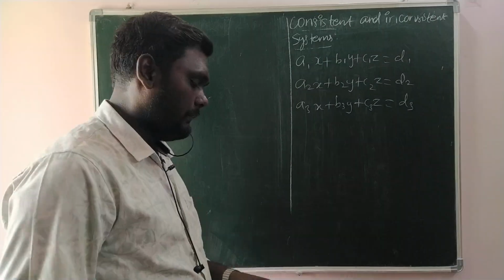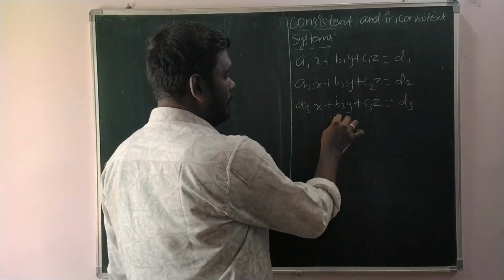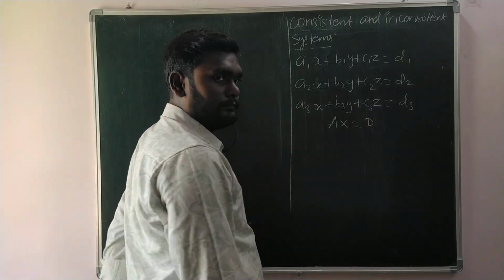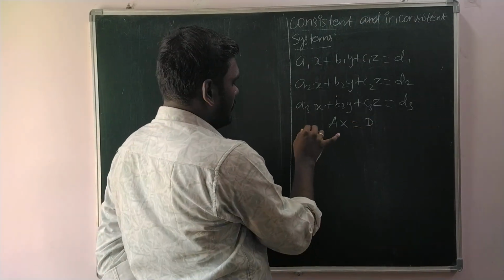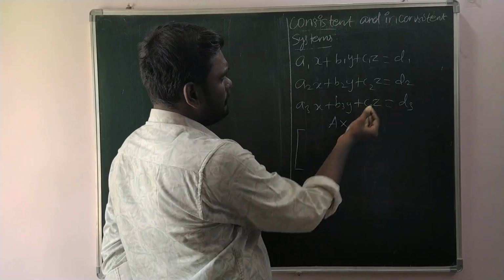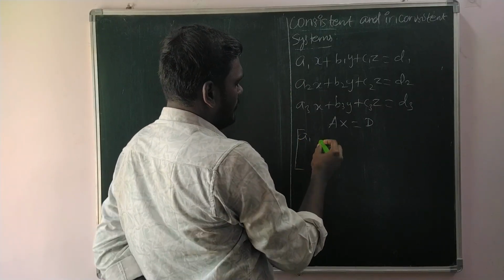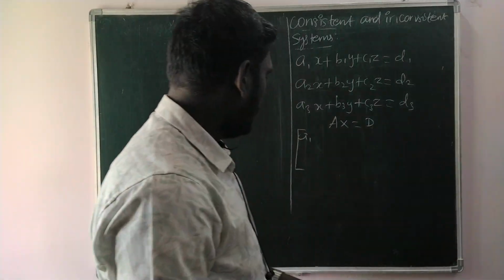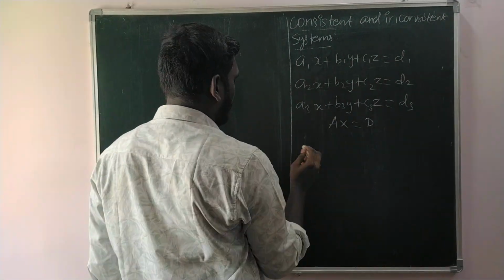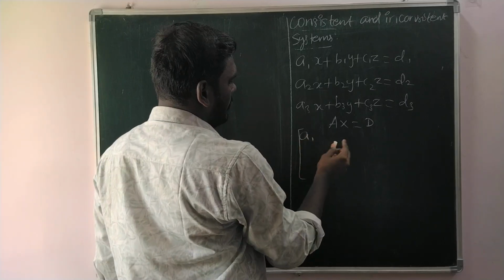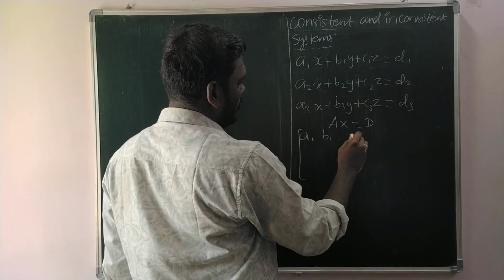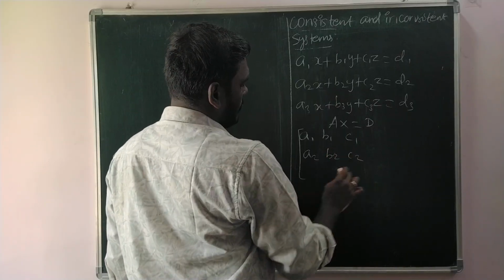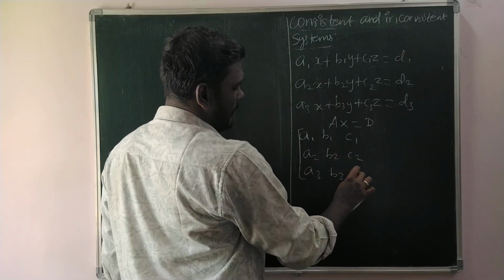This is called a system of equations, and this can be kept in the matrix form AX is equal to D. Here A is the coefficient matrix: A1, B1, C1, A2, B2, C2, A3, B3, C3.